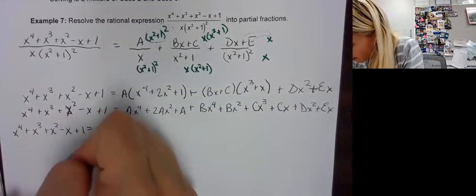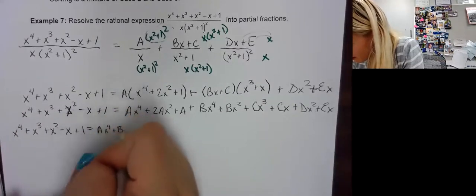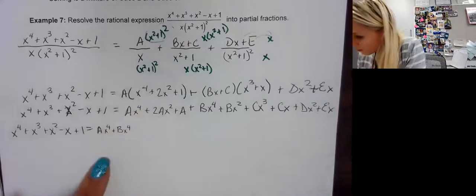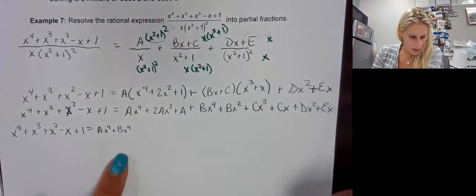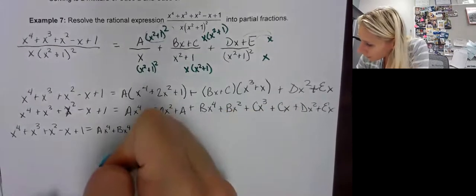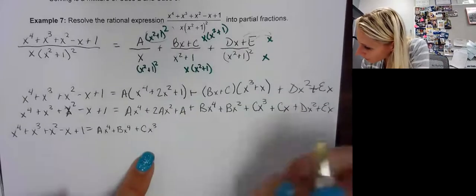a x to the 4th plus b x to the 4th. Now I'm going to do all my x cubes, right? So I have a plus cx cubed. Now I'm going to do my squares.